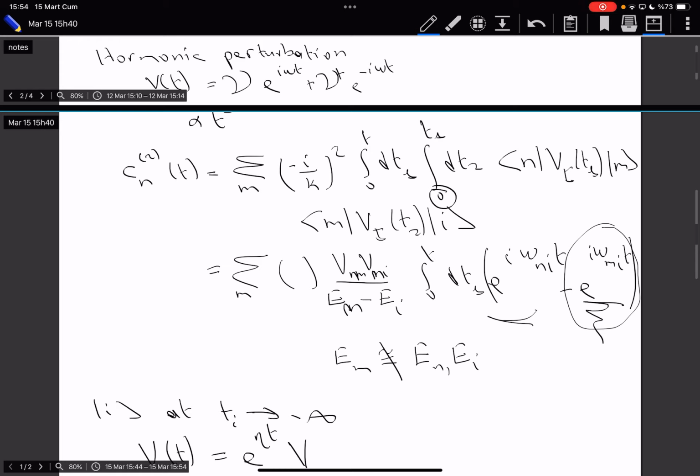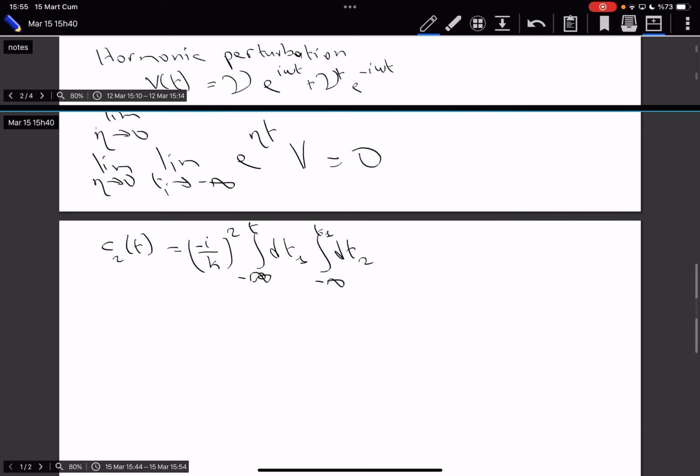So the claim of the book does have a piece of truth in it, let's say. But I don't really buy the argument. So let's continue. Let's see what this will bring. Sum over n, Vi of T1, Vi of T2, I. We just inserted a complete set of eigenstates.